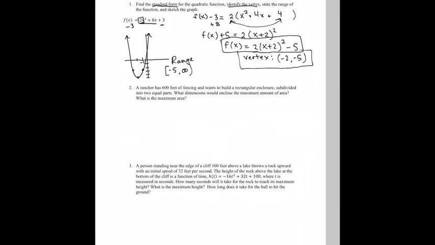What we need to do though is build that quadratic function. So it says there's a rectangular enclosure, make that a little bigger, and it's going to be split into 2 equal parts, and there's 600 feet of fencing available to go around this enclosure, or to enclose the whole thing, including this middle piece. So that's a perimeter.